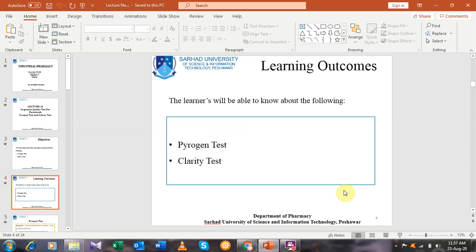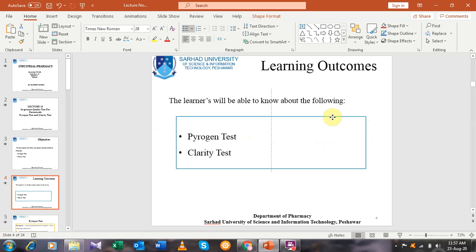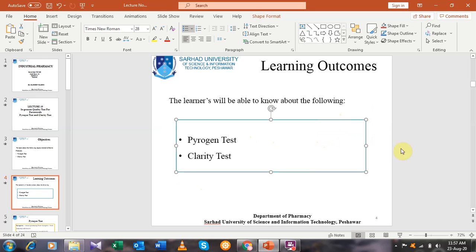After the completion of this lecture, you will be able to know about the different aspects of these two tests regarding the parenteral, that is the pyrogen test and clarity test for the sterile product.